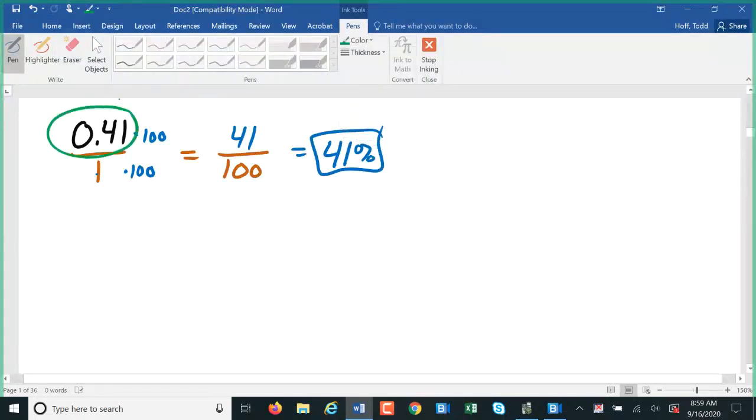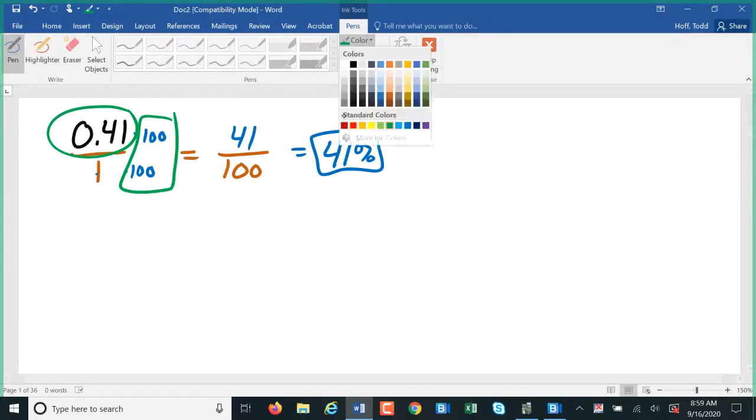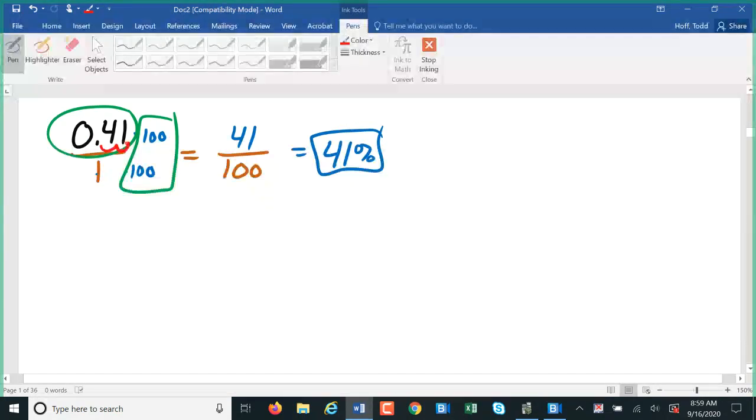Anytime I'm turning a rate or decimal into a percent, I'm going to be multiplying by 100, which means all I'm going to be doing is moving that decimal point back to the right 2 places. So if I have 0.68 as a rate, that becomes 68%, moving the decimal 2 spots.